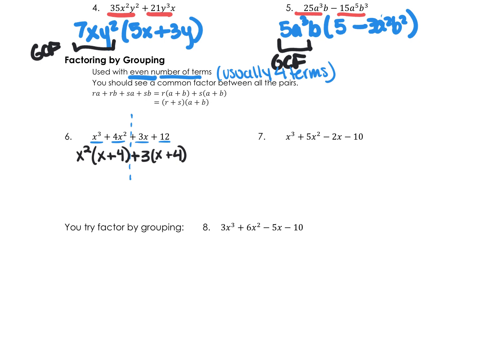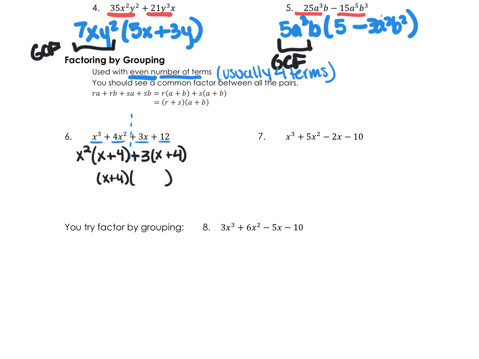X plus 4. So we're going to pull that x plus 4 out. I'm going to erase my wall because we're not really separated anymore. So I'm going to pull my x plus 4 out. That's the greatest common factor. And then in parentheses, I'm going to write what I have left in this first term here. When I pull out x plus 4, what do I have in this first term?